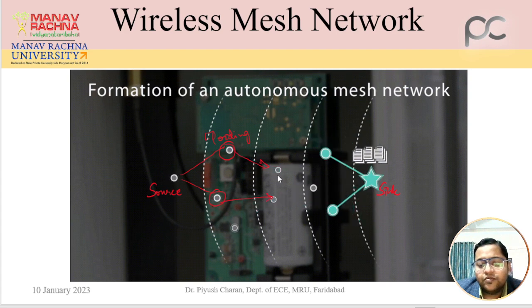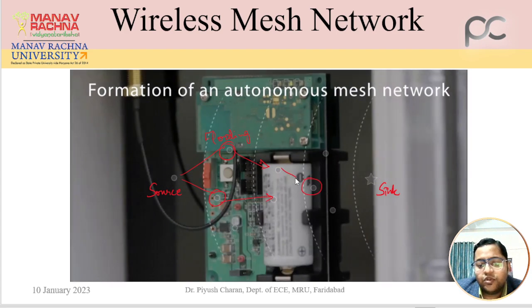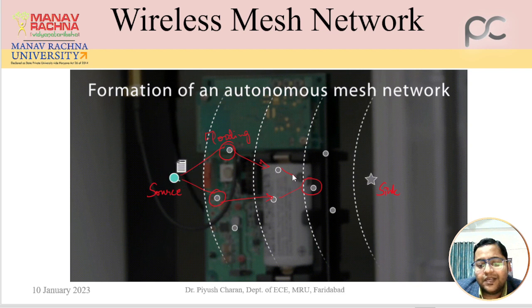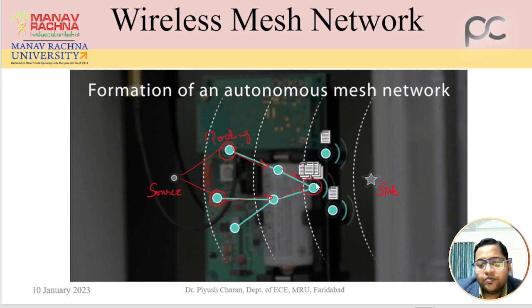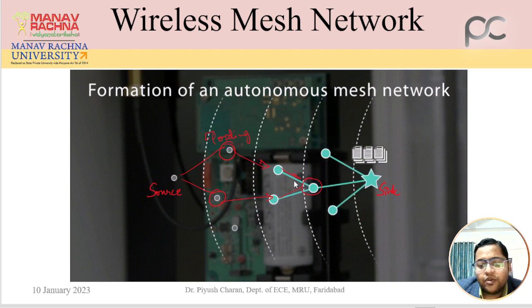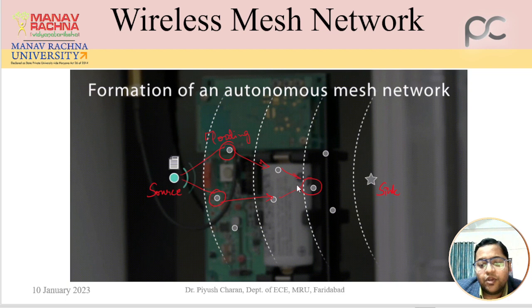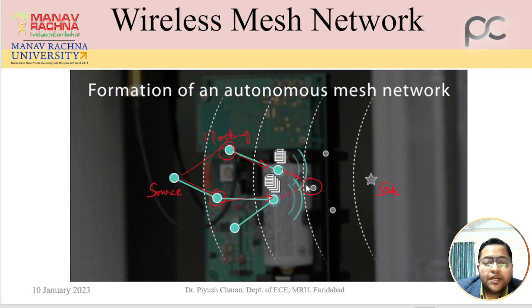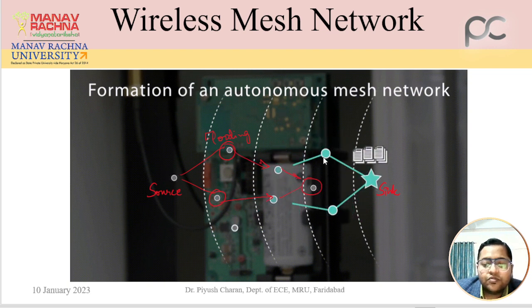In this case you can see it is not getting connected to this node because both the nodes started to send the data at the same time, and they are not able to send the data to this node because the node has failed, or because of the congestion, or you can say the data packets have collided in the way, and therefore it couldn't make a connection with this node, and so they are transmitting through this node.